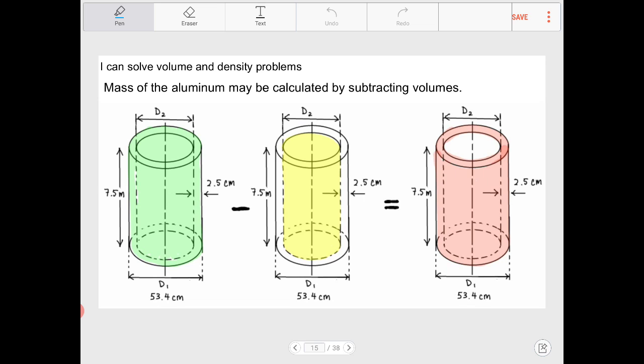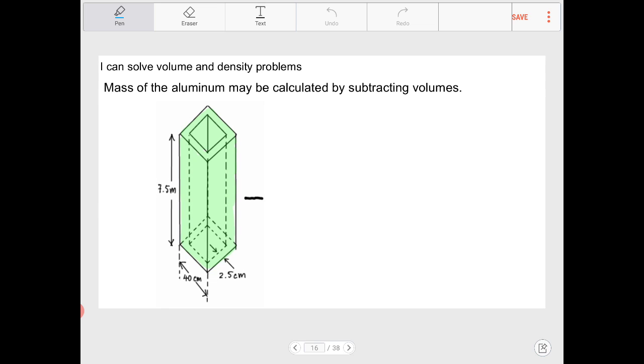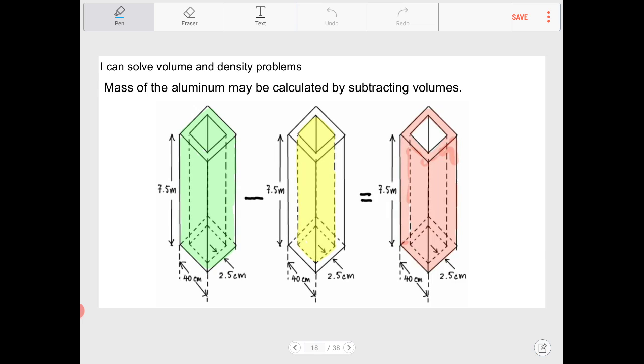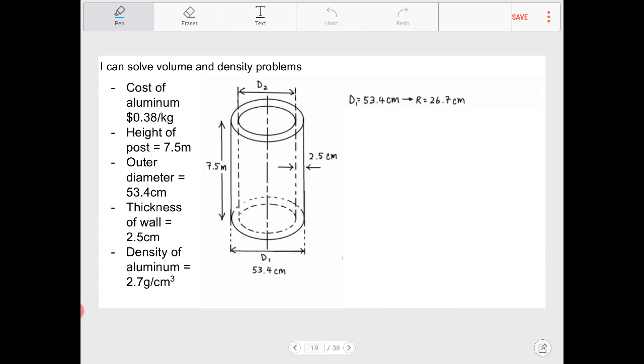So to find the volume of the outer, same idea for the rectangular prism. What I'm going to do with the cylinder is, I know that the diameter is 53.4, which means the outer radius is going to be 26.7. The inner radius can be found by taking the outer diameter and subtracting 2 times 2.5, and then dividing by 2, which is 24.2.